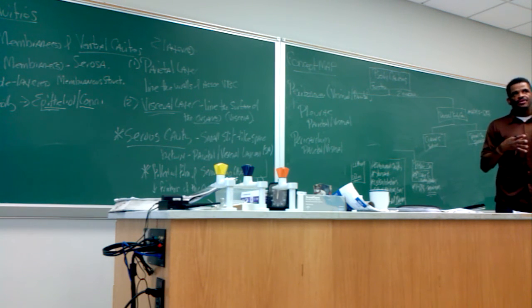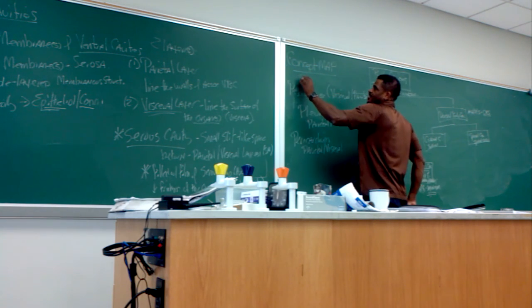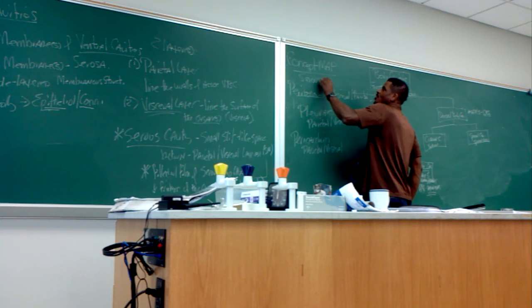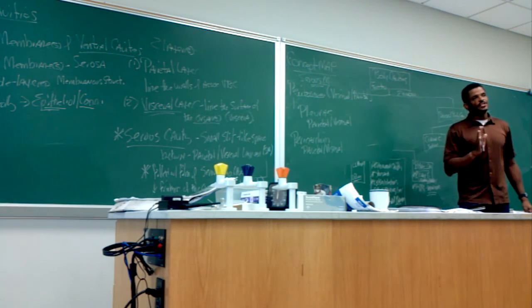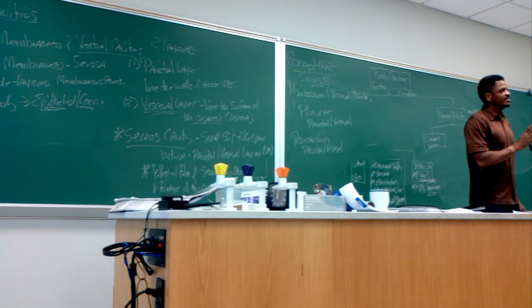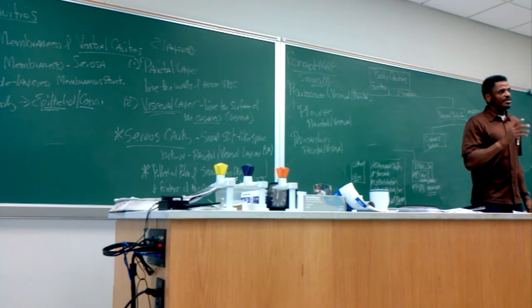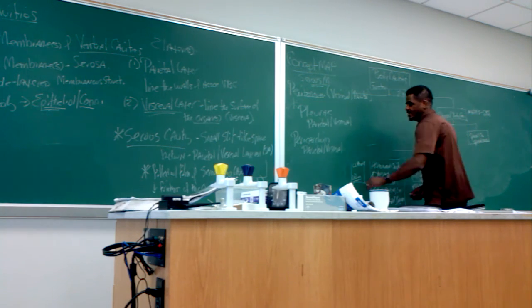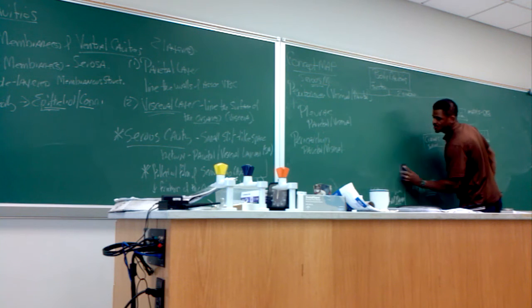So make sure you're familiar with the nomenclature of the serous membranes associated with the respective ventral body cavity. Are there any questions up to this point? Are we okay? In your reading today, in the handout, we're going to mention some additional terms that I want you to become familiar with.